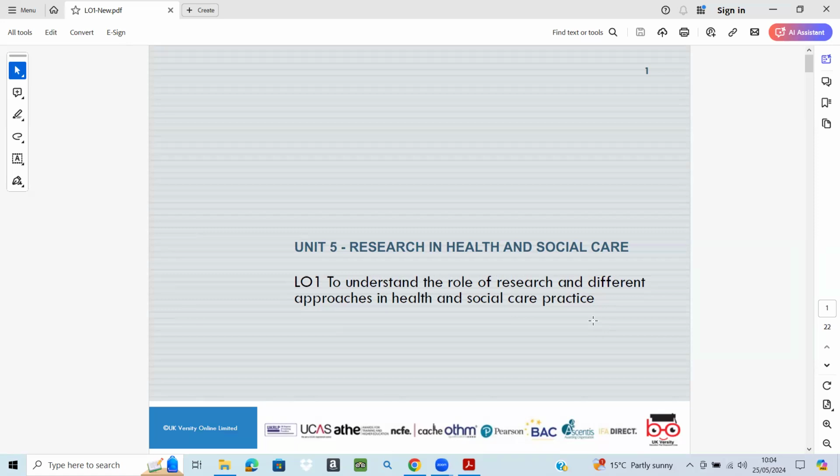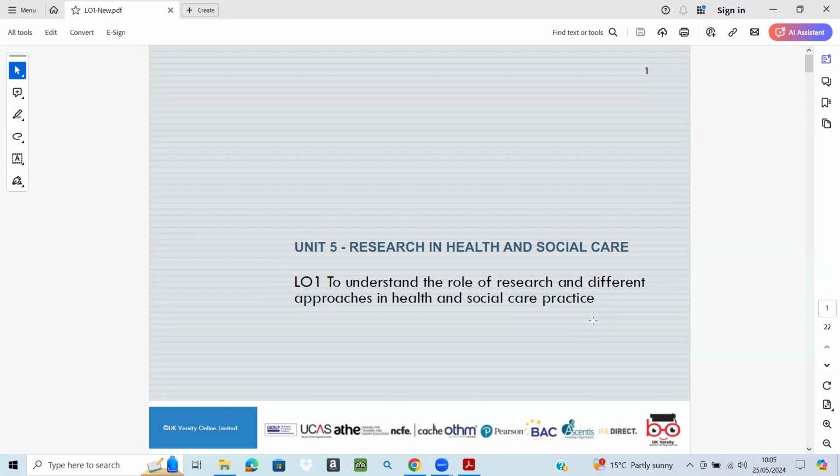Research in health and social care is essential for several reasons. First, it is for improving patient care and outcomes. An example of it could be that through clinical trials, researchers can determine the effectiveness of new treatments or medication.